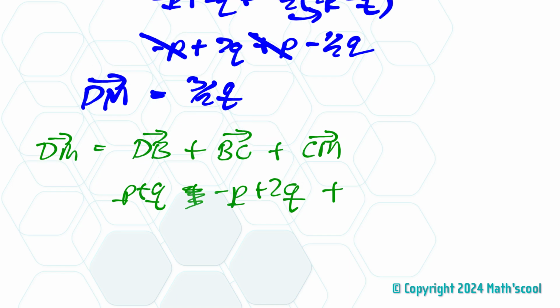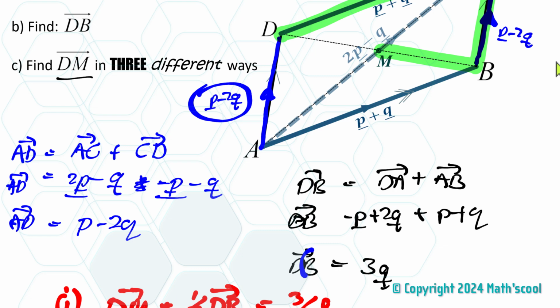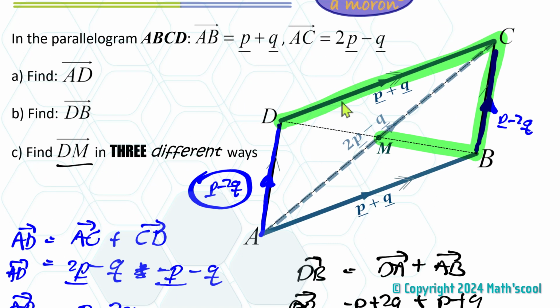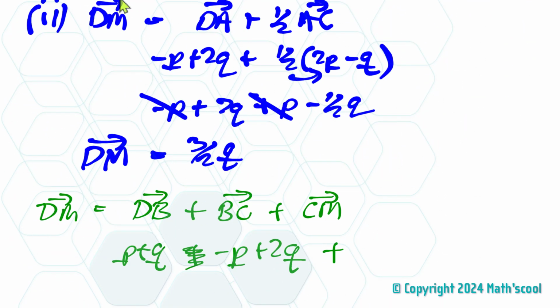Plus C to M is, well, oh, hold on, I've written that right. D to C, C to B, B to M. Okay, B to M.